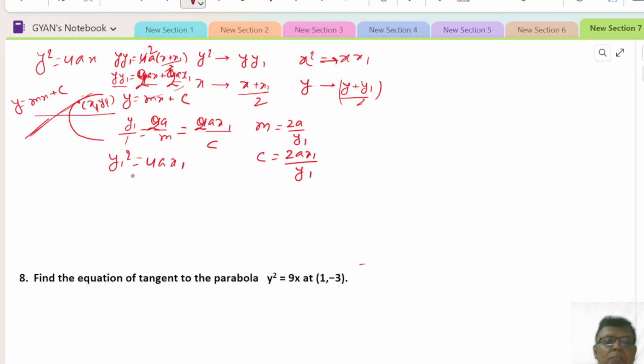So 2ax1 is equal to y1 square by 2, or 2ax1 is equal to y1 square by 2 by 1. So y1 gets cancelled. That means y1 by c is equal to y1 by 2. Then this is equation 1, this is equation 2.